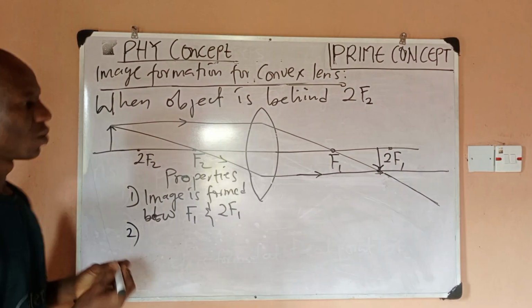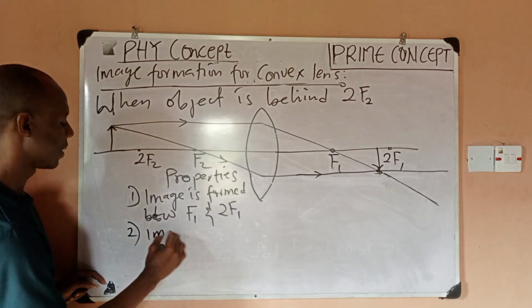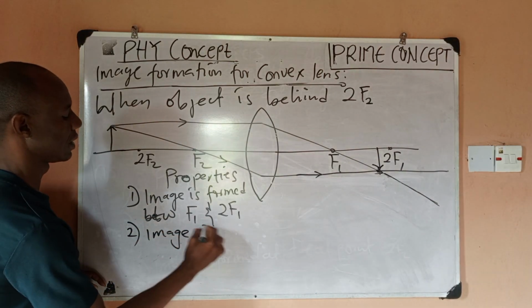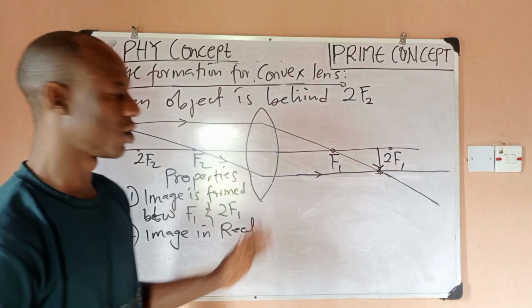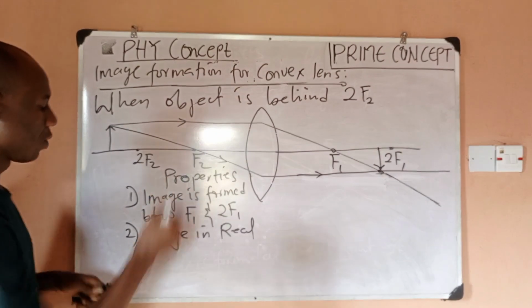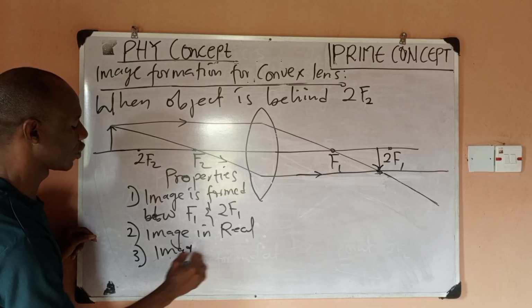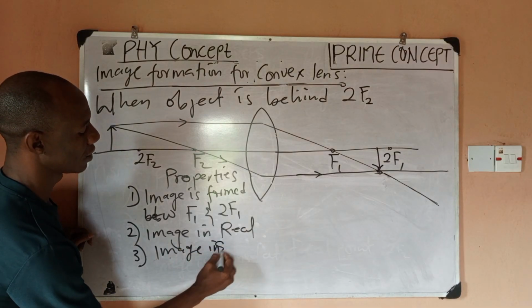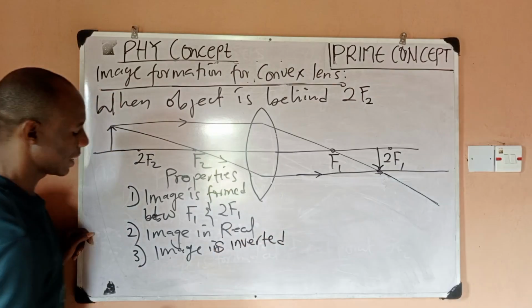Number two, we can observe that the image is real. We mentioned that when your image is formed on the opposite side of your object, it means that your image is real. And we can also clearly see, number three, that our image is inverted.